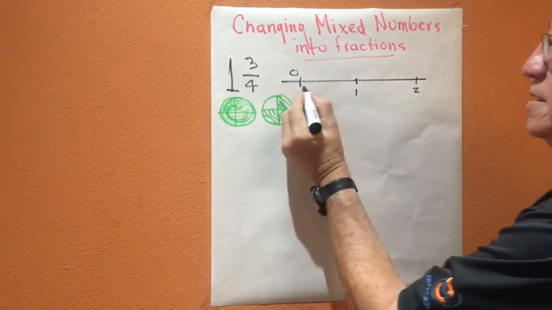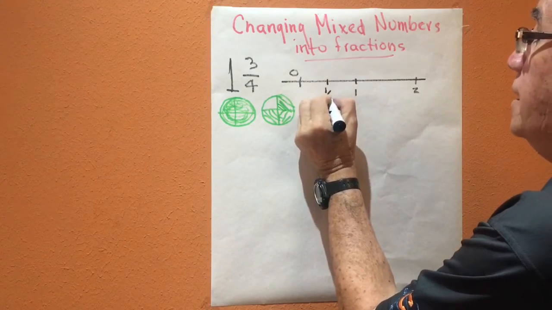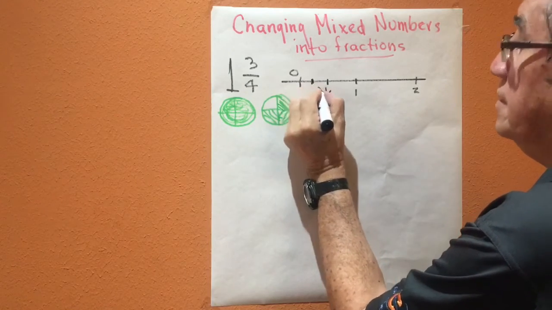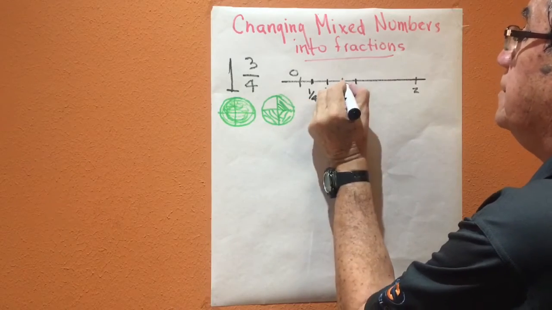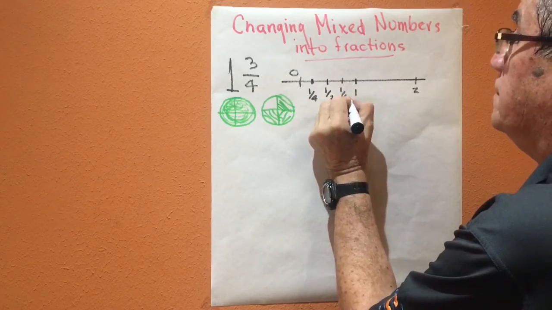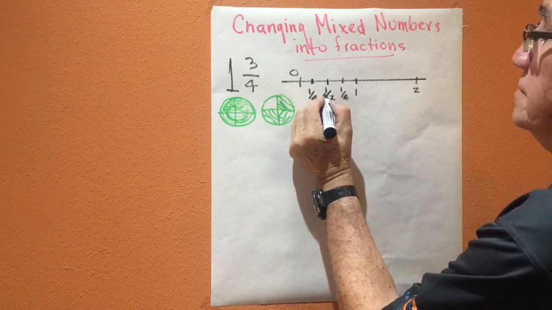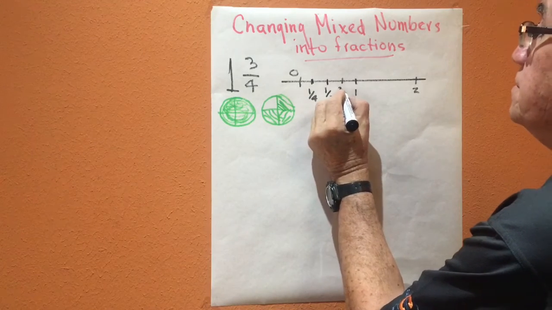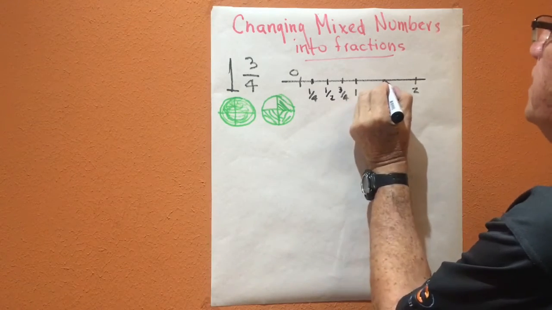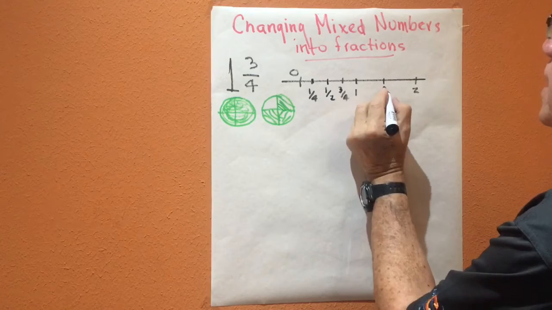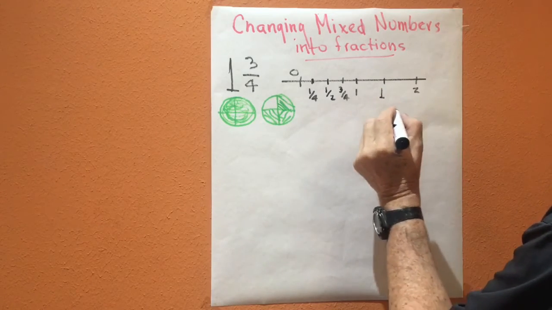And let's divide the spaces in 1/2, and the half of the half is going to be 1/4 and another 1/4. So we have 1/4, 1/2, and this is going to be 3/4, and this is going to be 1. And again we're going to have 1 and 1/2.